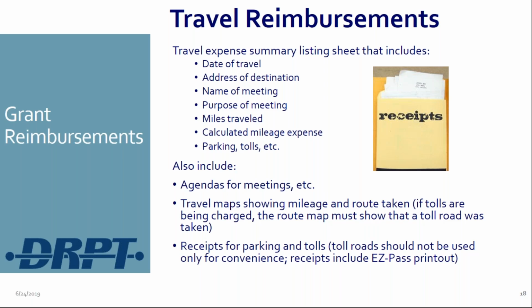We would like you to include agendas for meetings and conferences and workshops and training. As I mentioned before, travel maps showing the route taken and the mileage and the tolls. And again, get receipts for everything. That just makes things easy, and there's no question through an audit when we have to find out what that expense was.